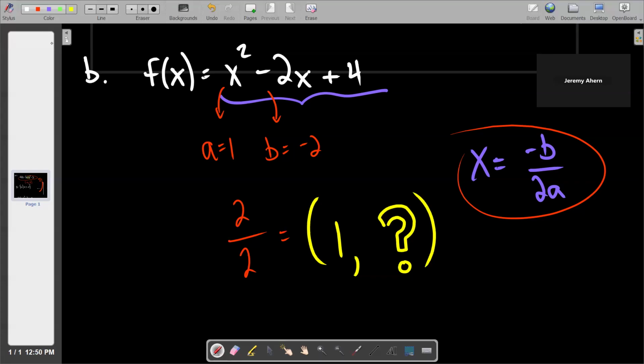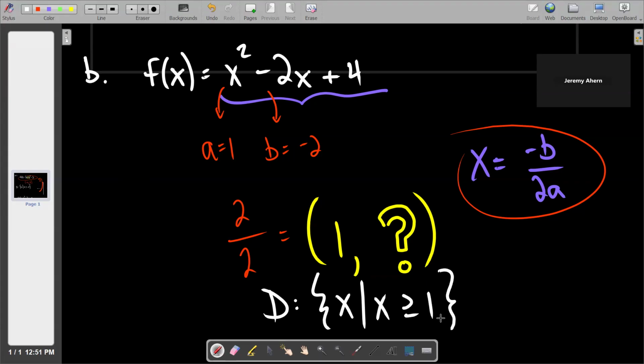So at this point, I'm actually done, and I can just say that the domain needs to consist of all x's such that x is what? Greater than. Right. I don't know, maybe greater than.